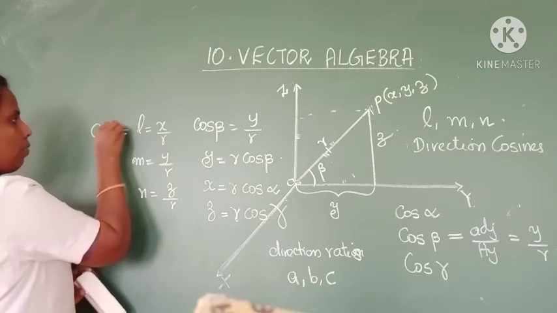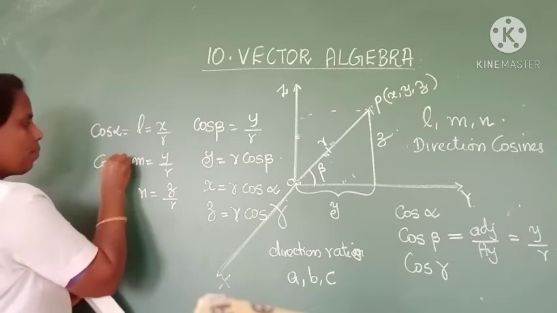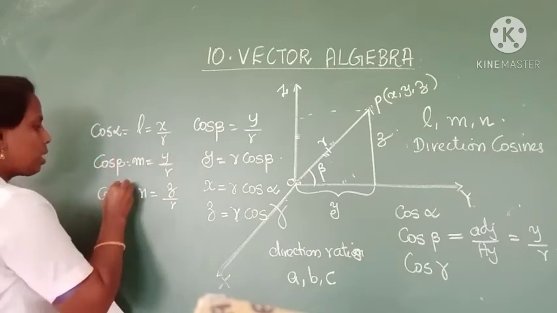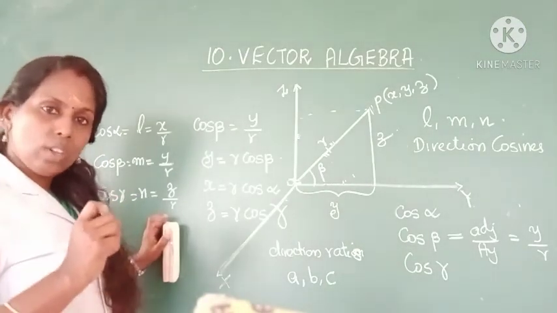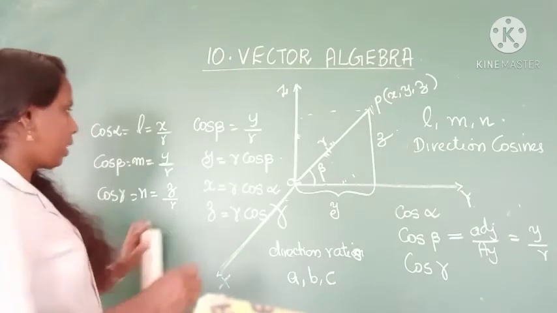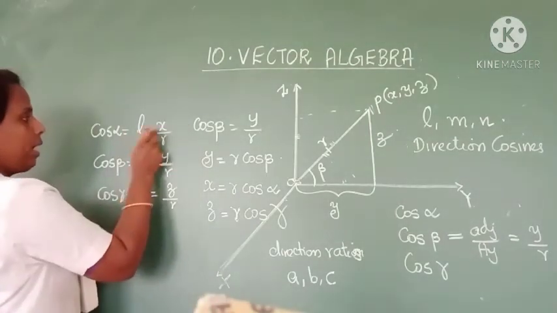So cos alpha, cos beta, cos gamma are direction cosines.